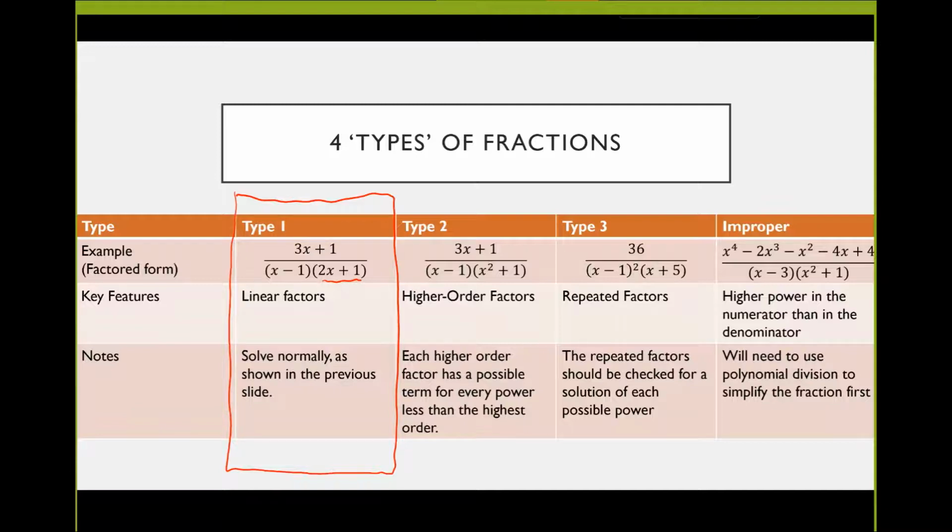If when you factor you end up with higher order factors, that's x squared, x cubed, x to the fourth, x to the fifth, any power that's not 1, then every higher order power has a possible term. So when I break this apart, this could be 3x plus 1 over x minus 1, x squared plus 1, could be equal to something over x minus 1 plus bx plus c, that's 1 degree less than x squared plus 1, over x squared plus 1.